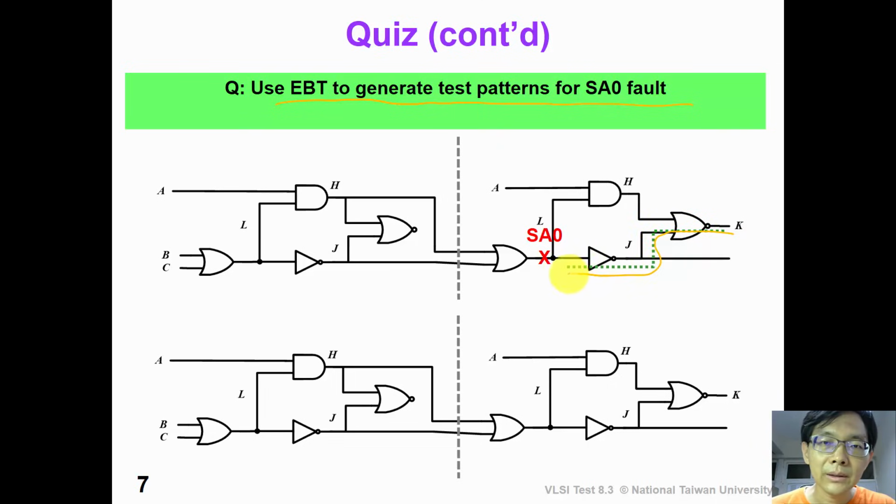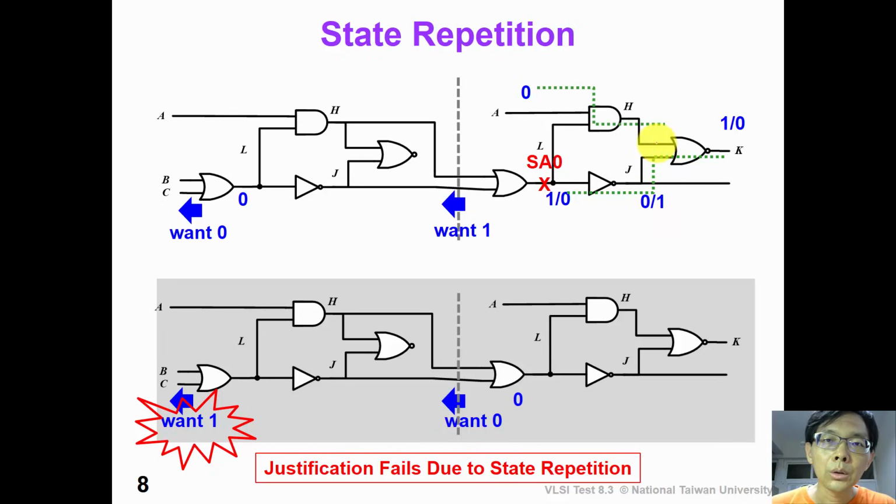Given this sensitization path, we can now sensitize this NOR gate by assigning H to 0, so A is backtraced to 0. Now we want to justify a 1 along this path, and now we want to justify a 0 along this path.